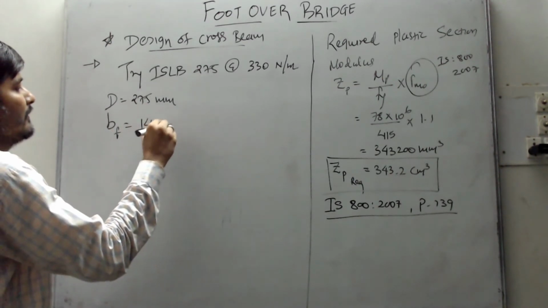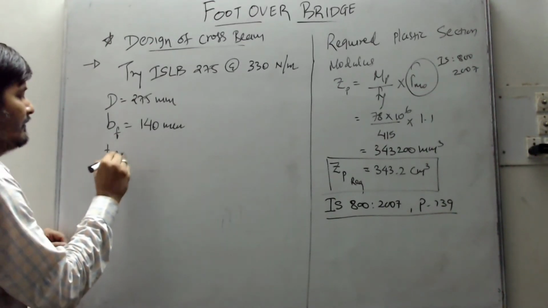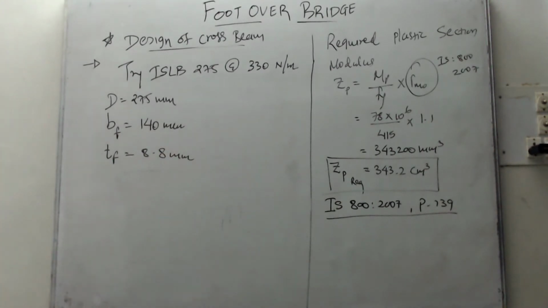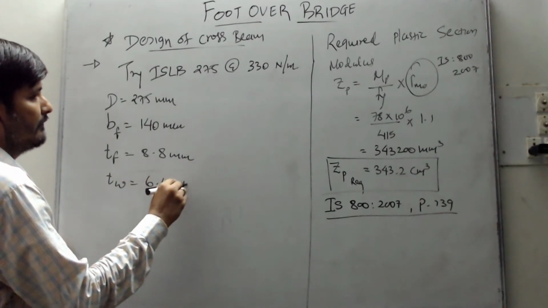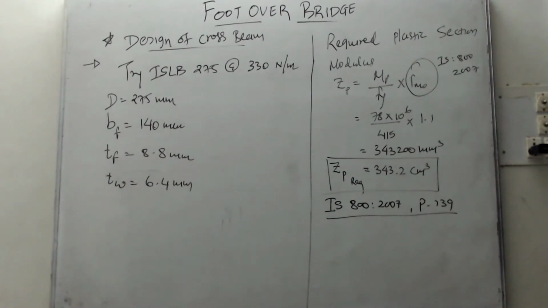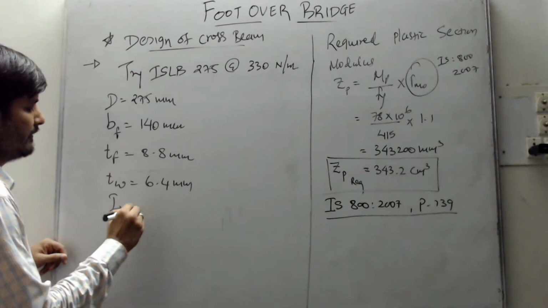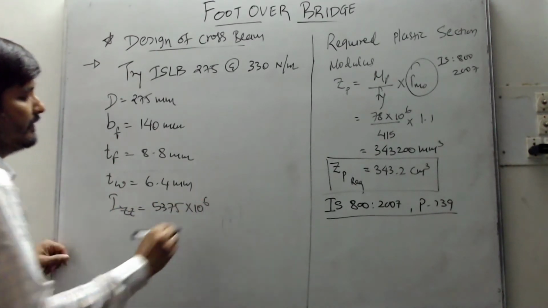Then the thickness of flange TF is 8.8 mm. Please refer to page number 139. Then TW is 6.4. After that, I have IZZ, that is 5375 into 10 raised to 4 mm raised to 4.